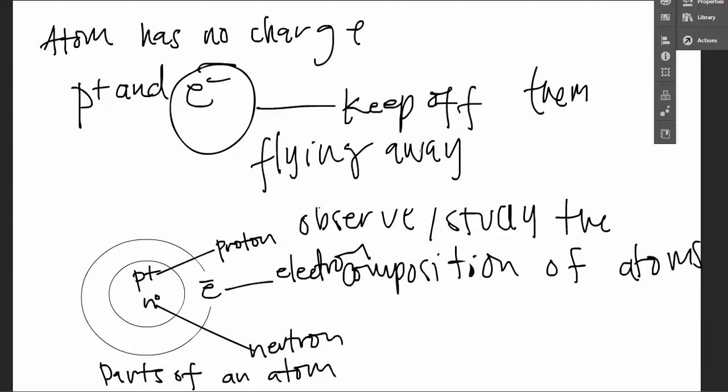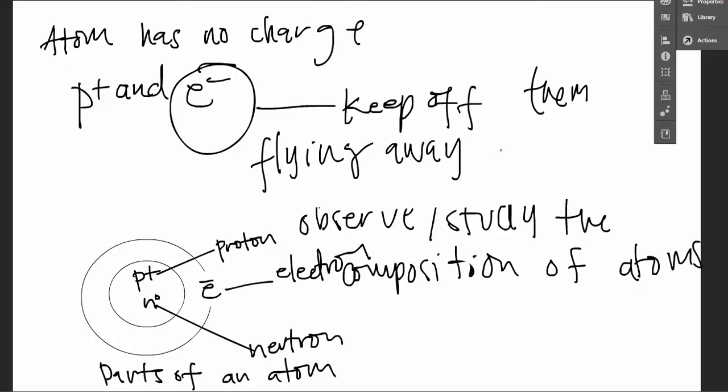The pull of the nucleus keeps these electrons in their orbit so that the atom does not lose them either. So there is attraction, but this is just enough for not losing the electron.